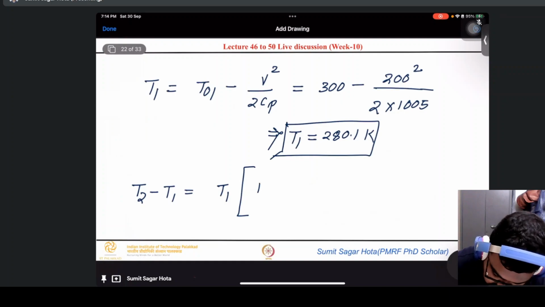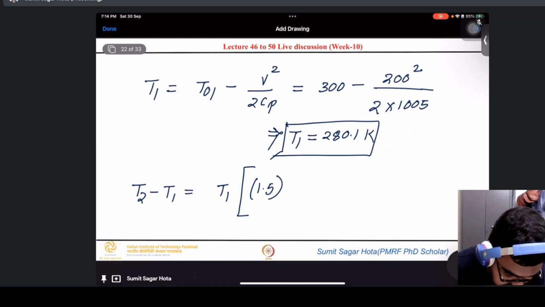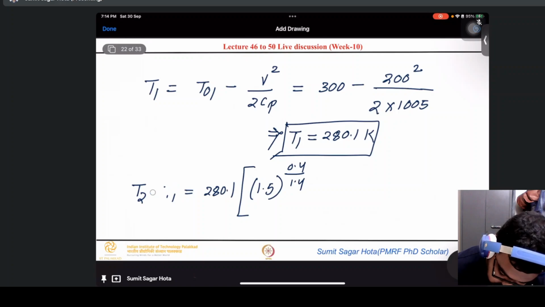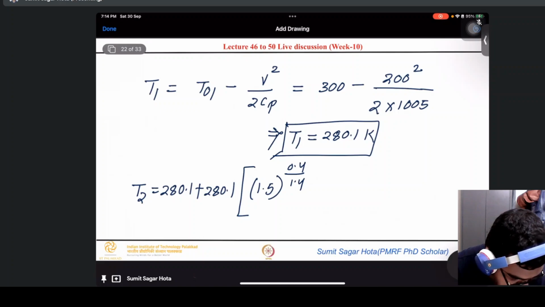Directly apply this formula: 1.5 to the power gamma minus 1 by gamma, 0.4 by 1.4. What is T1? 280.1.